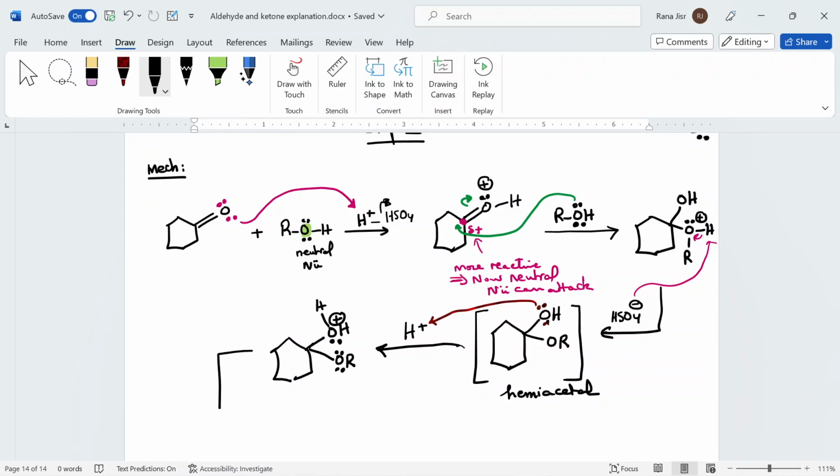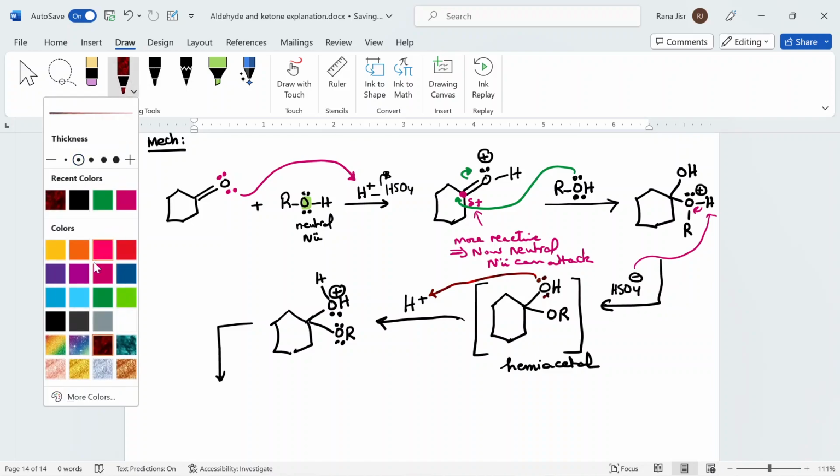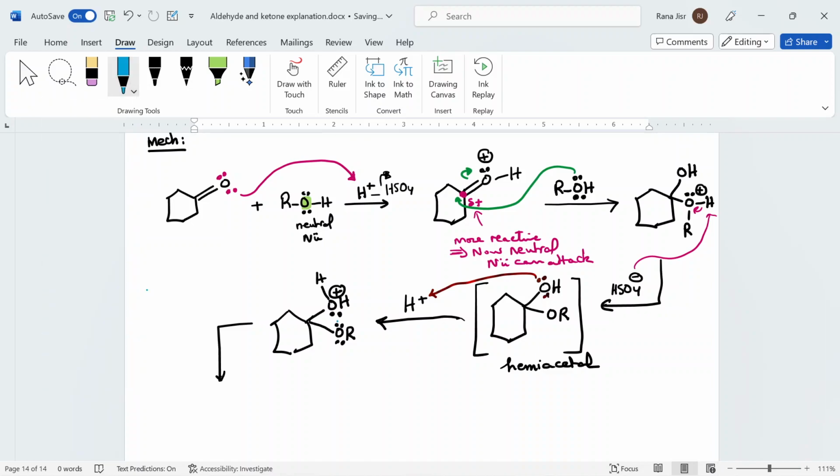So now I'm going to go ahead and I want to get rid of the water. The water is not going to leave like this on its own. Resonance is going to happen to push the water out. So do resonance here, do resonance from the lone pairs of the OR and push the water out. And you're going to end up getting the double bond now, the oxygen and the R with a lone pair.